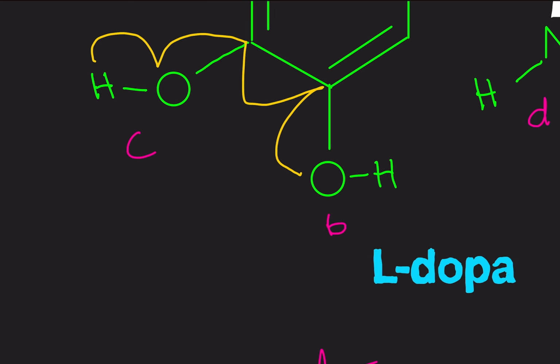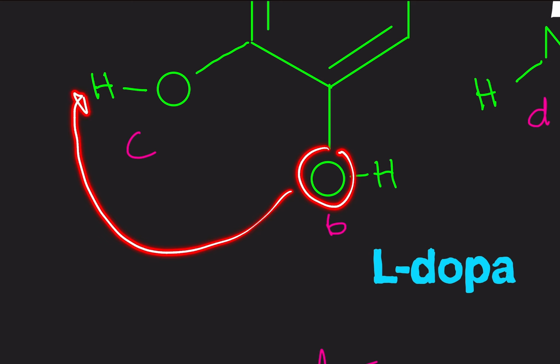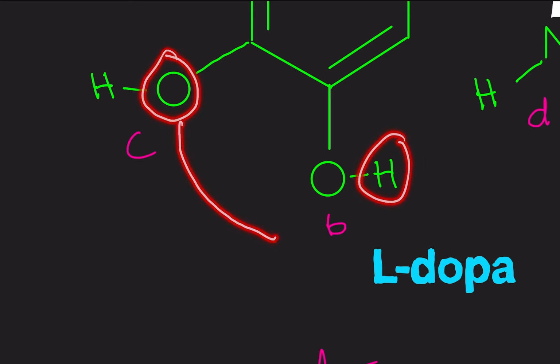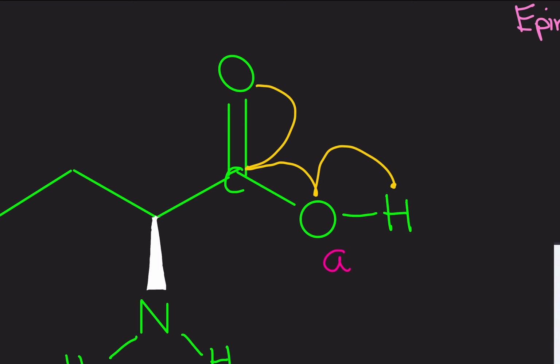It's too far away. So this oxygen is not playing any role in electronegativity or acidity for this proton. Same could be said for this hydrogen here. This oxygen is playing no role in acidity at all because it's too far away. However, this one is because it's close enough. It's 3 bonds away.